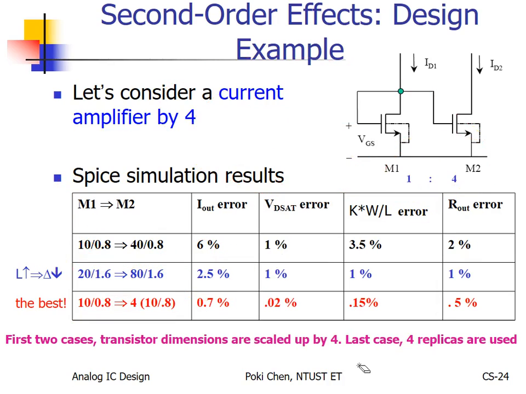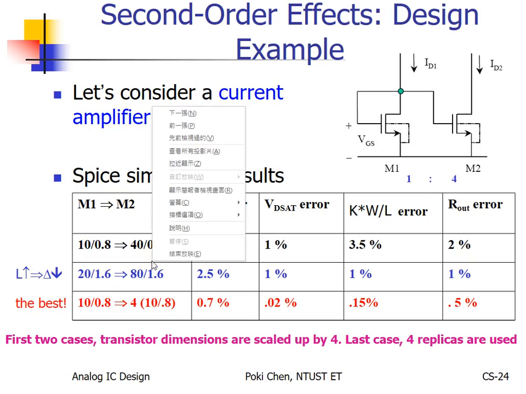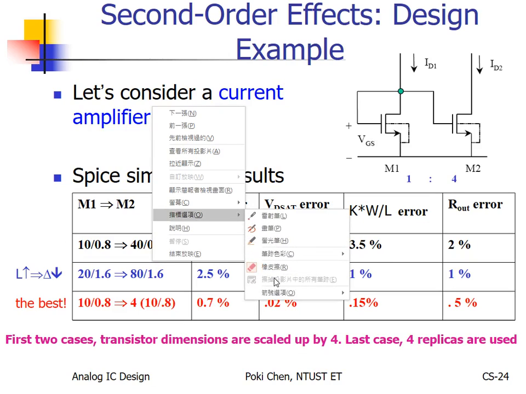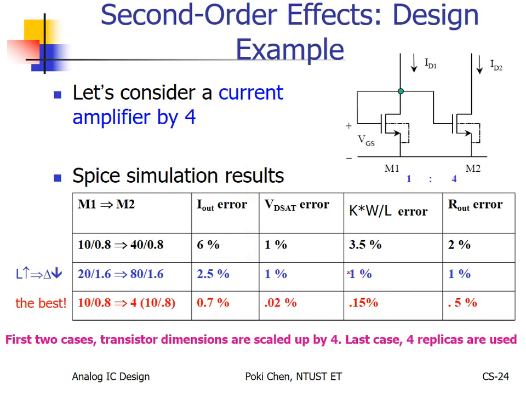And then we can go further. You can see, from the first to the second, you sacrifice 4 times in area, a 4 times increase in overall cost, right?